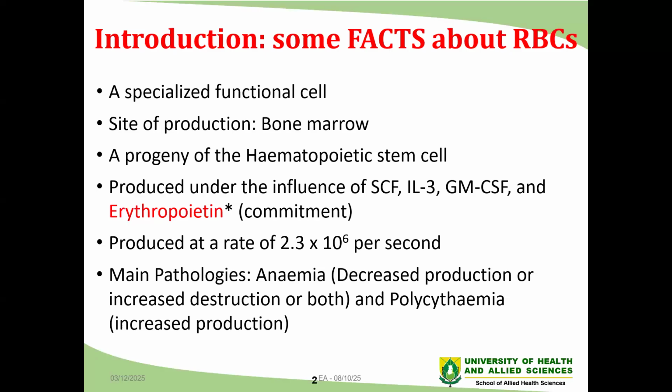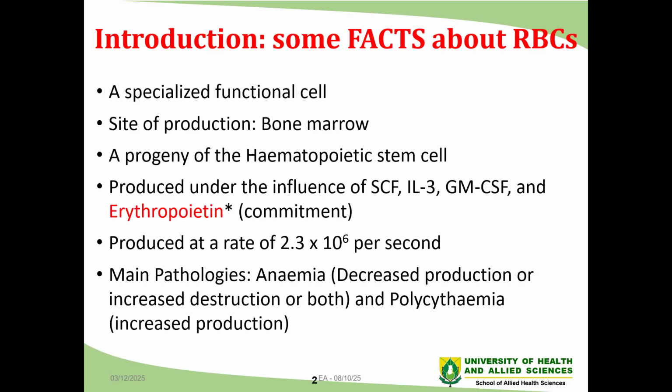But the chief hormone that helps with the development of the red cell is erythropoietin. So this is the hormone that will start the final training of the red cell, or help the red cell to move on the path that it will become what we know as the red cell.